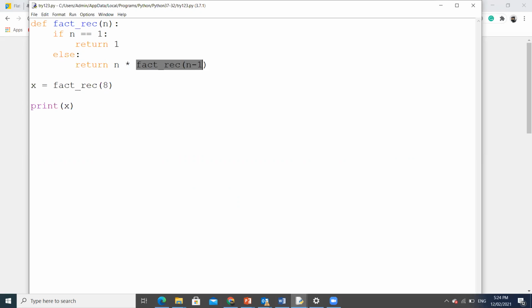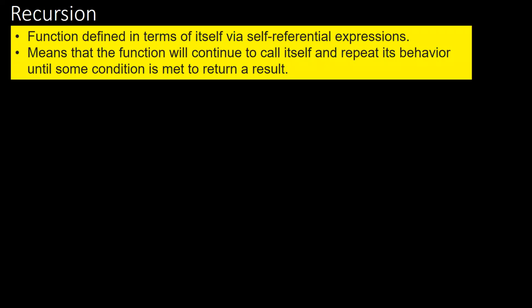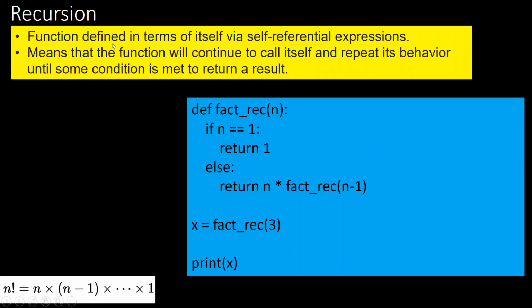And if we go back to the definition, you will see it says a function defined in terms of itself via self-referential expressions, which means that the function will continue to call itself just like here and repeat its behavior until some condition is met to return a result. And the condition is that there is a factorial formula.